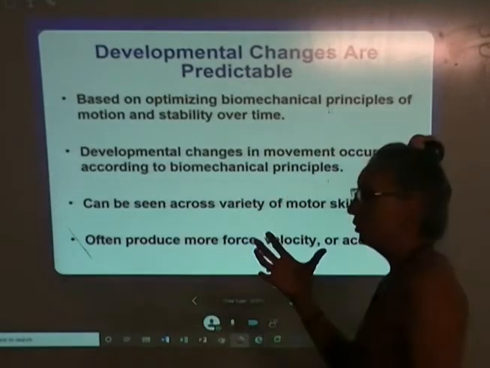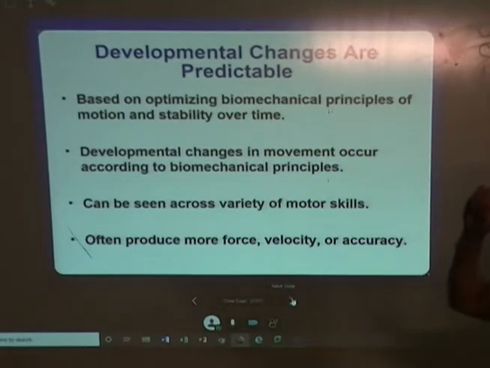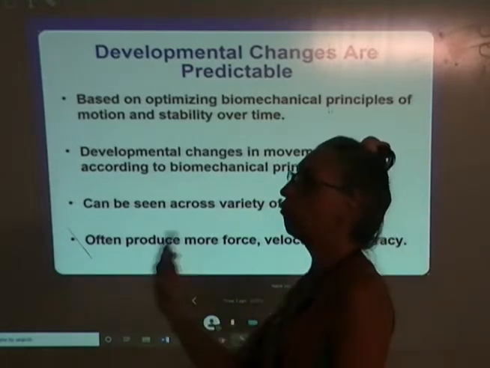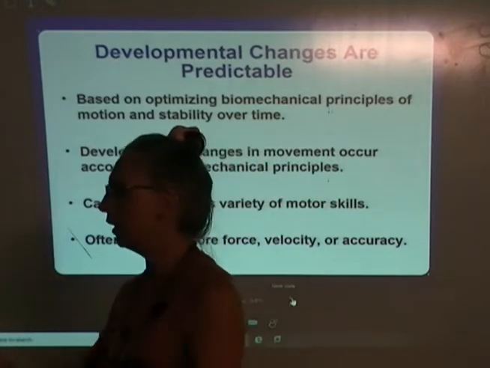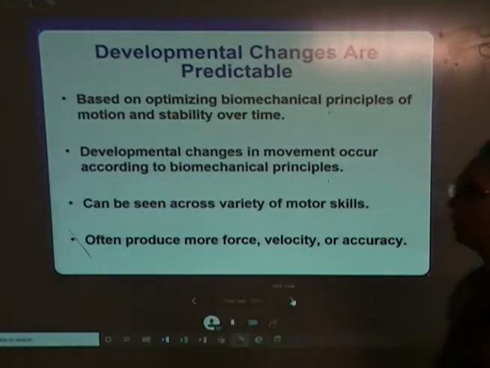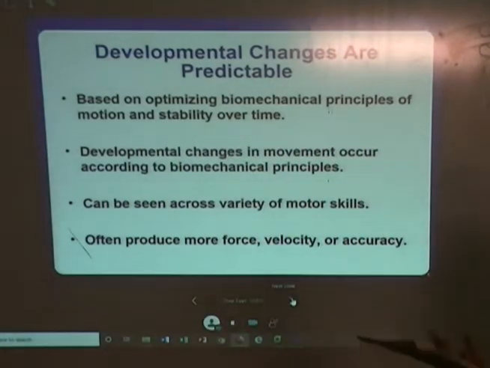So often, the goal of utilizing the principles is to produce more force, more velocity, right? More power or more accuracy.